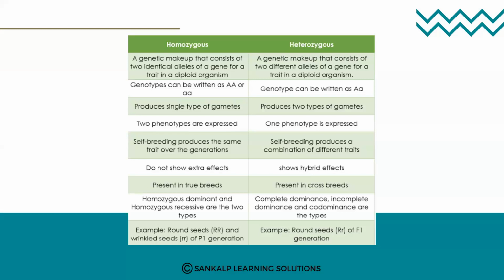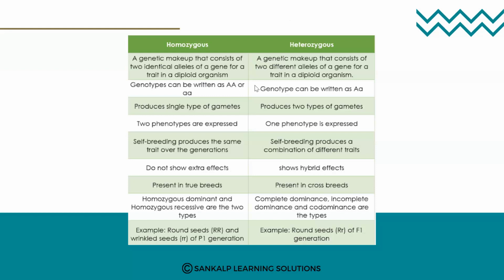Homozygous, a genetic makeup that consists of 2 identical alleles of a gene for a trait in a diploid organism. Heterozygous, a genetic makeup that consists of 2 different alleles of a gene for a trait in a diploid organism. Homozygous genotypes can be written as AA or small a small a.